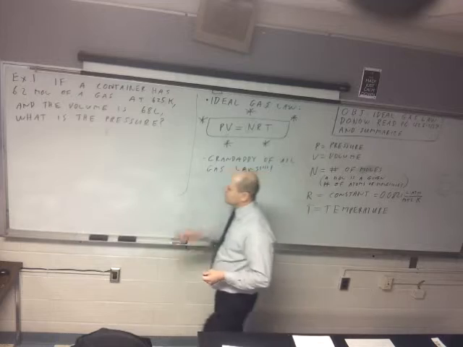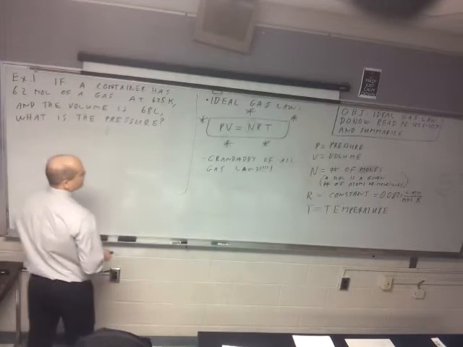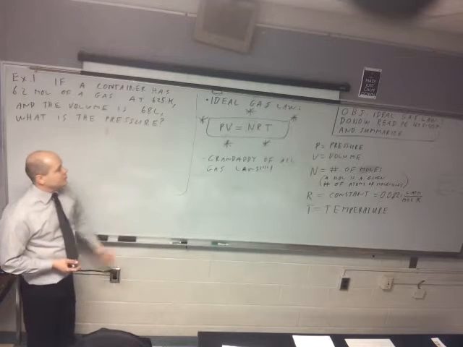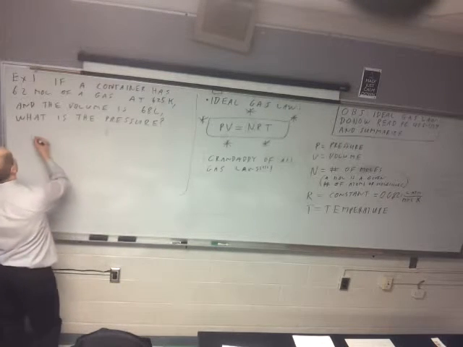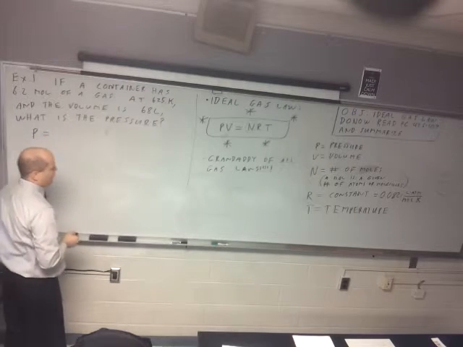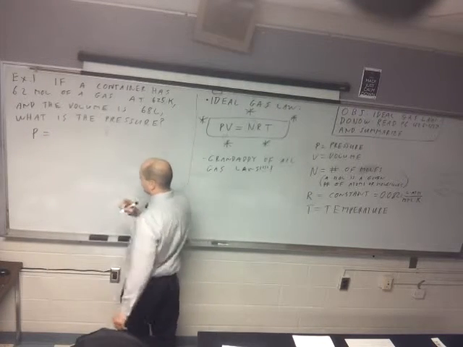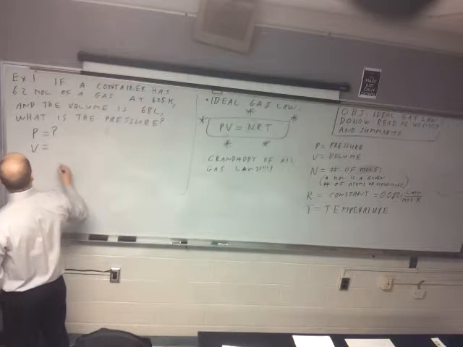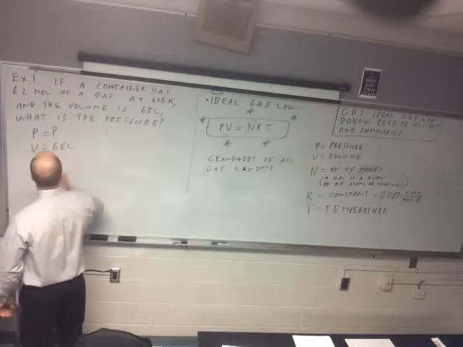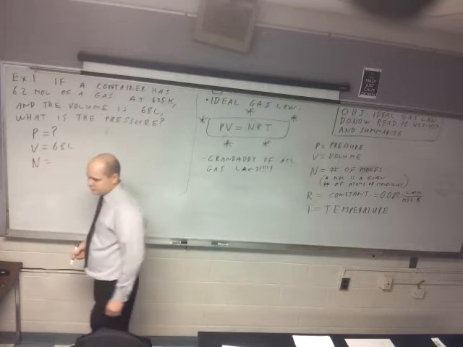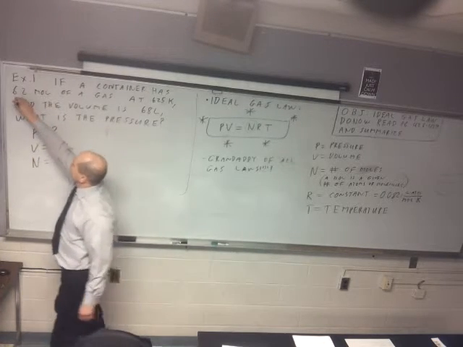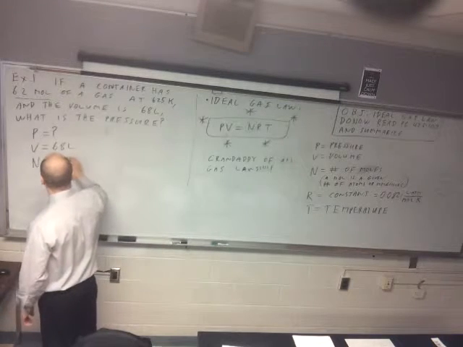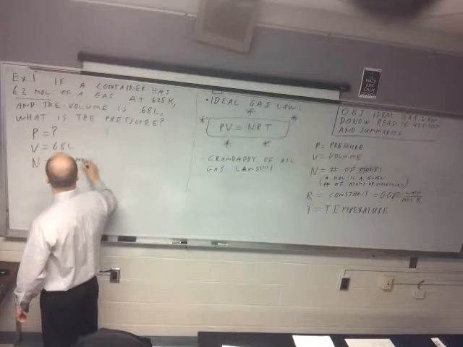All right, so you guys know what to do. We're going to start listing our givens, right? We're going to look over the equation. We should have, hopefully, some of those things, preferably 4 of them, and one we'll be looking for. What's pressure? You don't know it. That's the question mark. What's volume? 68 liters. N is 62. N's always going to be the one that has moles in it, so you get used to looking for moles when you're looking for the one that's going to be the N. 62 moles.